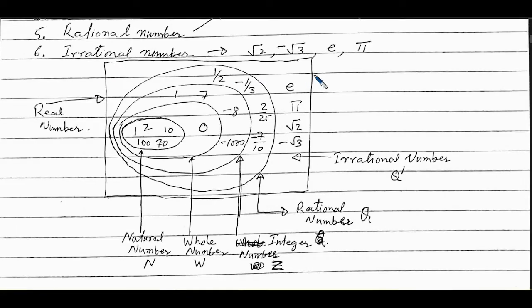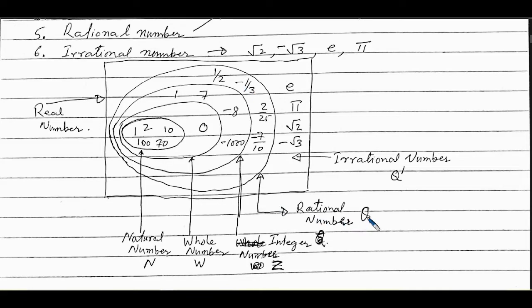So if you take a collection of all real numbers which I have shown above in the line, then the smallest subset is the natural numbers. Then if you add 0, this bigger set becomes the whole numbers. Then if you add the positive and negative integers, they belong to a bigger set. And then there are the rational numbers, that is those fractions, either positive or negative fractions.